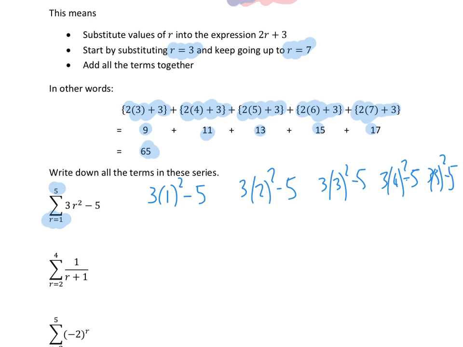I'm going to work those out and then add them together. Remember, series means add together. Yeah, and then if I wanted to work that out, I would add them all together.